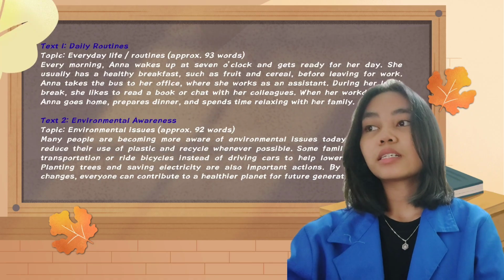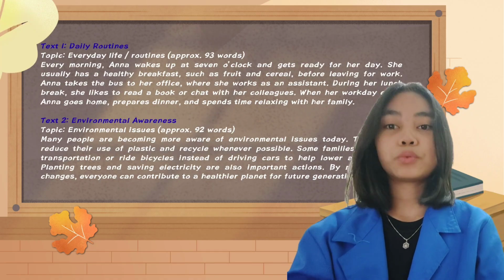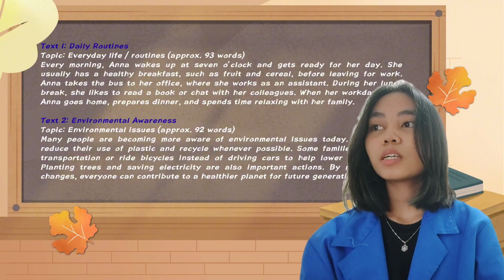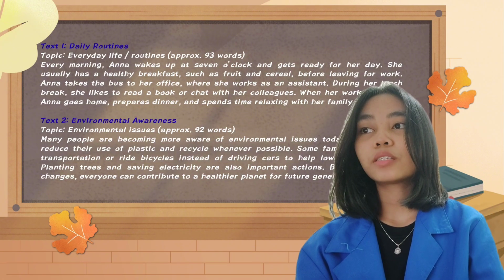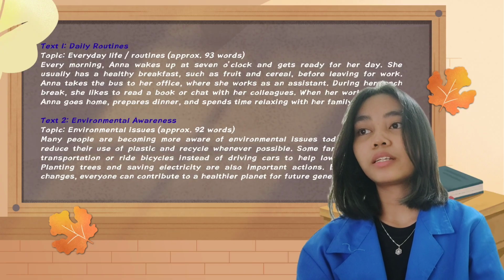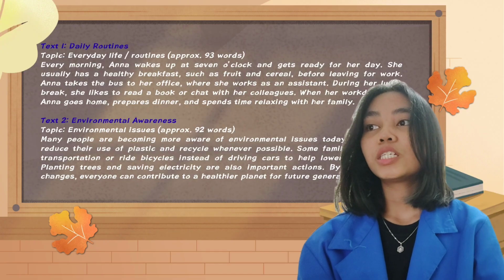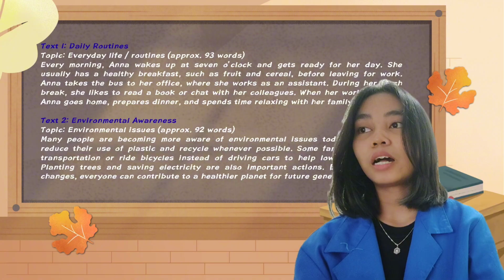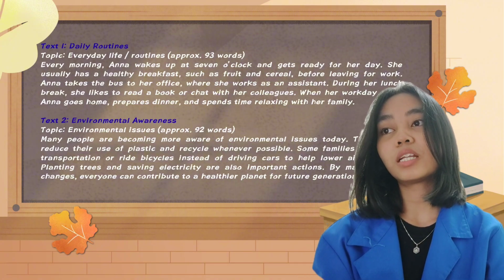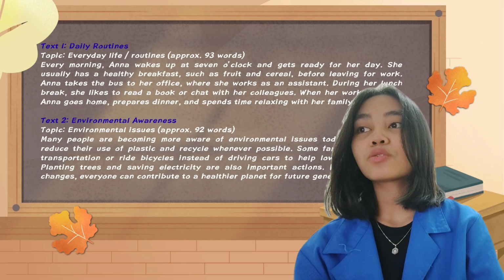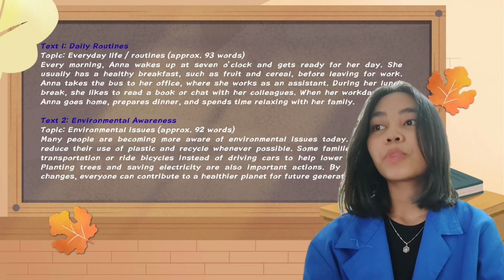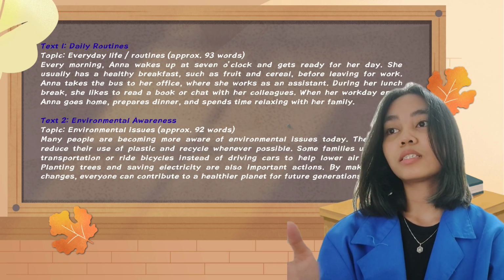Text 1 is about daily routines, everyday life. Every morning Anna wakes up at 7 o'clock and gets ready for her day. She usually has a healthy breakfast such as fruit and cereal. Before leaving for work, Anna takes the bus to her office where she works as an assistant.